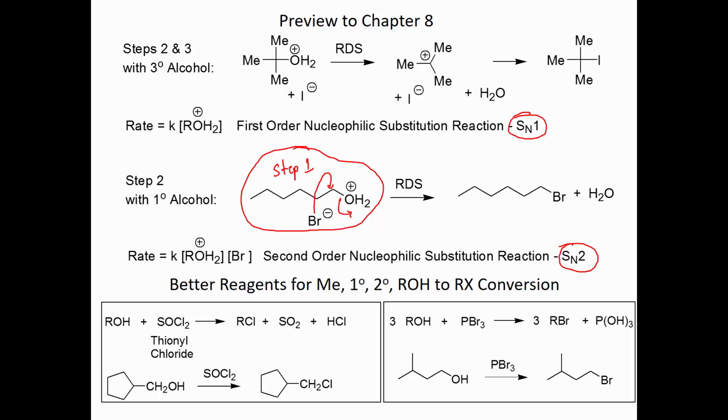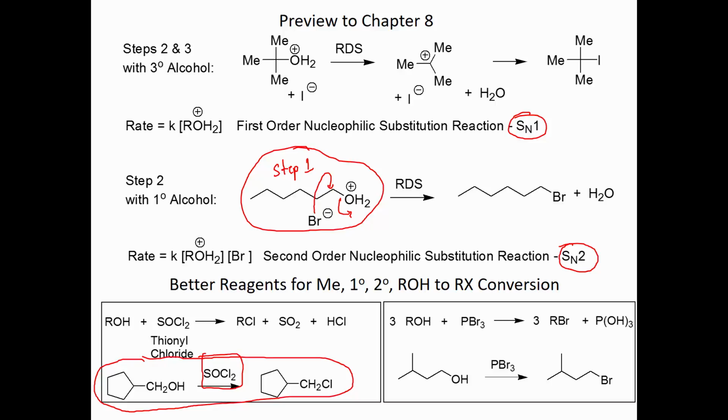For all practical purposes, only iodides really work very well with primary halides and methyl halides. Okay? Superior reagents have been invented for transforming primary alcohols into the corresponding chlorides or bromides. Okay, so if you want to turn an alcohol into the corresponding chloride, the superior reagent to do this is thionyl chloride.